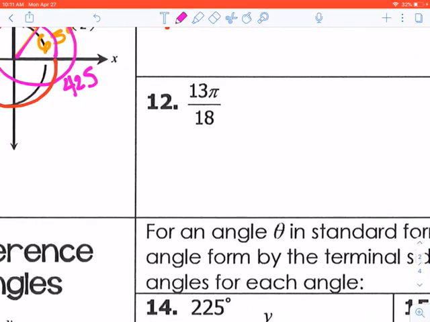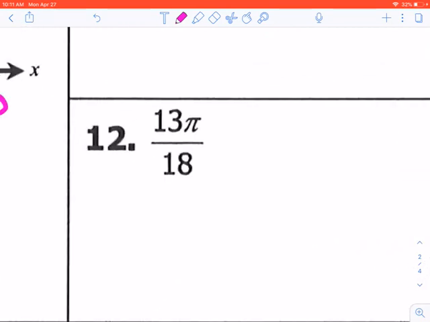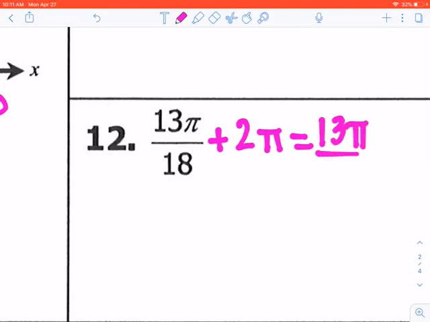Now with radian measures, okay, one full revolution is going to be 2 pi. So if I add 2 pi to this, I'm adding 360 degrees, okay? So with 2 pi, of course, you have to get common denominators.